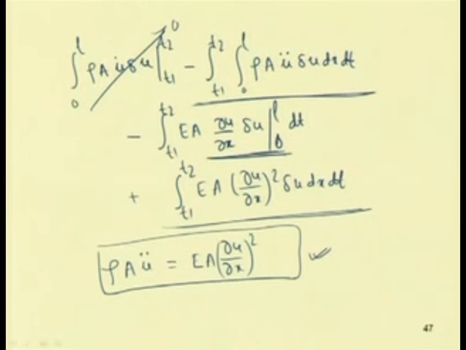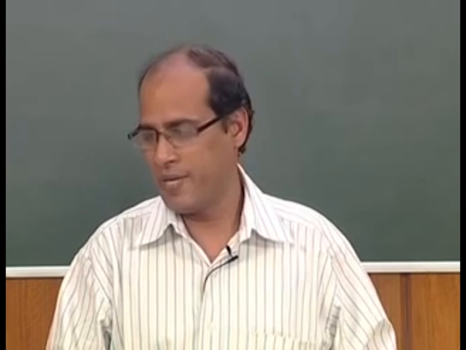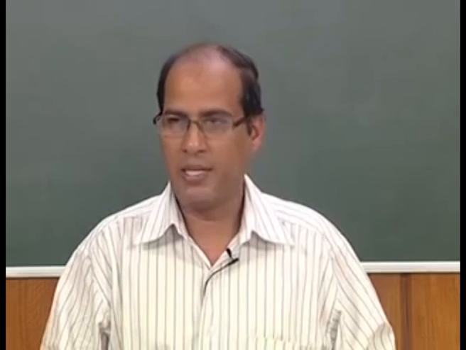In that way, one can find the boundary conditions in addition to the equation of motion by using Hamilton principle. So, in today's class we have taken several examples using Lagrange and Hamilton principle to derive the equation of motion. We derived it for a single degree of freedom system, that is a simple pendulum, for a 2 degree of freedom system, that is a double pendulum, and a continuous system, that is the longitudinal vibration of a rod.